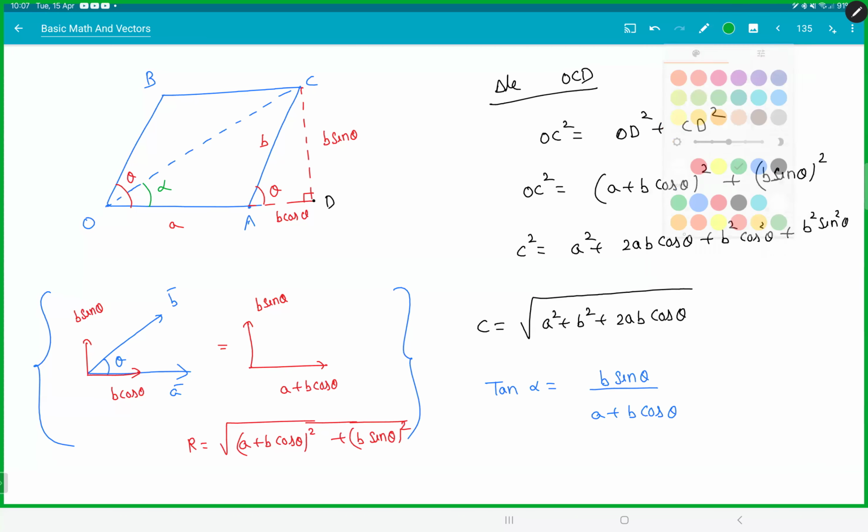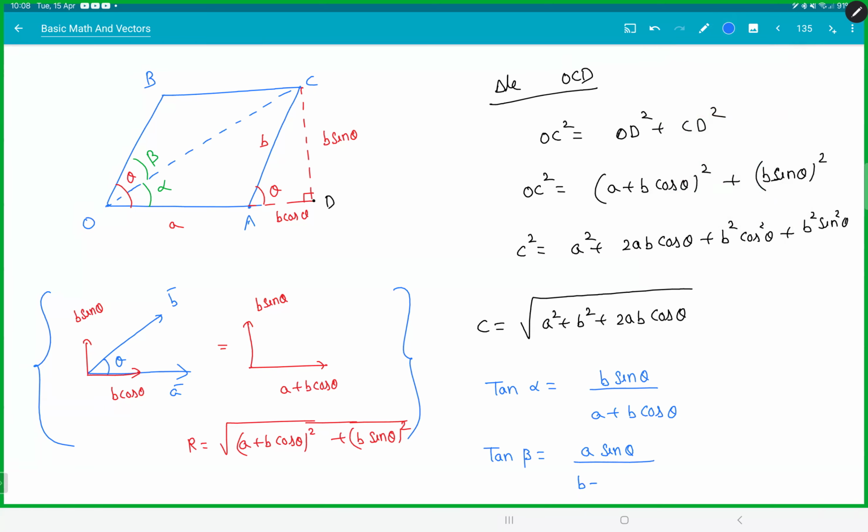Suppose if I take this angle, which is beta, tan beta will be A sin theta by B plus A cos theta. A and B will flip. So here alpha is the angle between the resultant and A bar, and beta is the angle between the resultant and B bar.